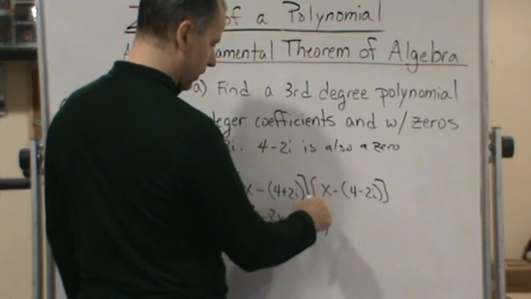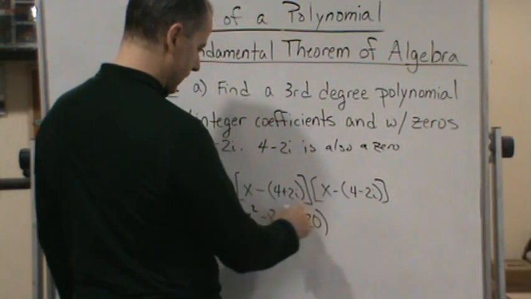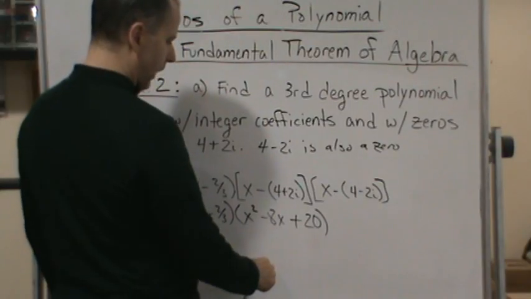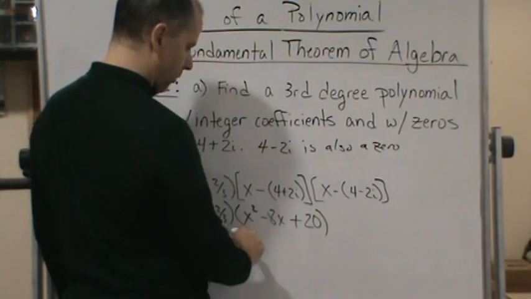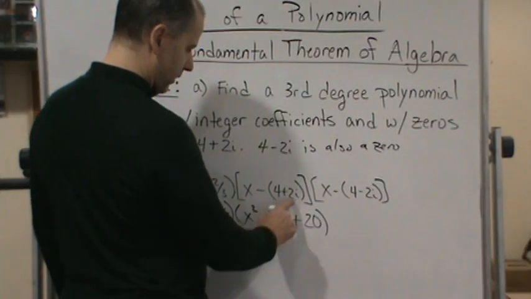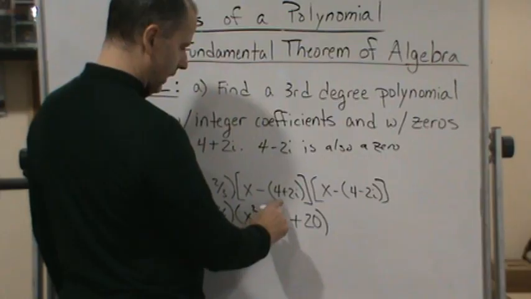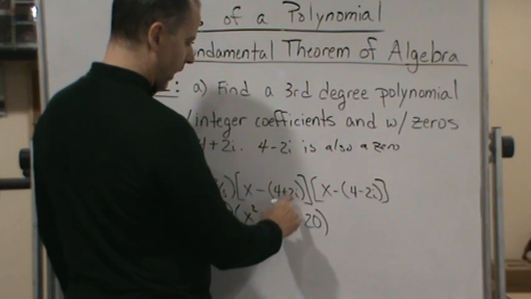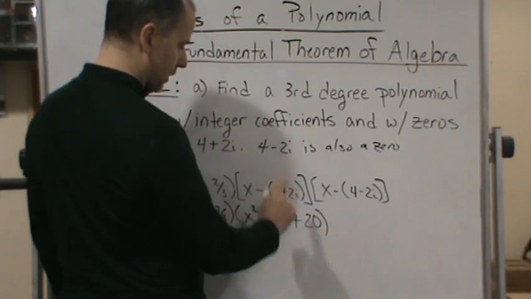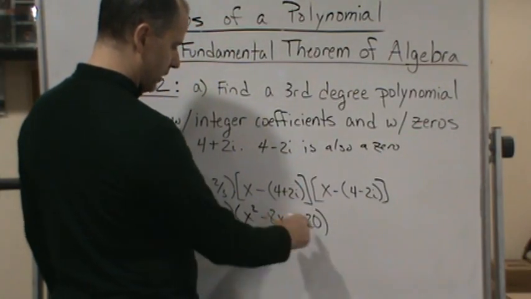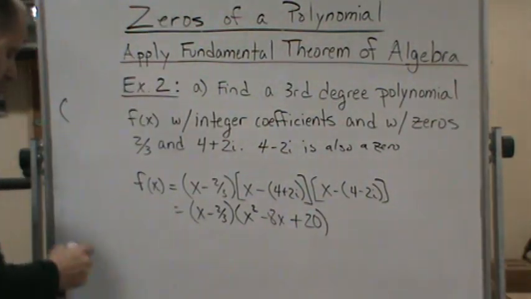So the 2ix's are going to cancel out and you end up with a minus 8x. Then when you multiply these two together, you get 16. The middle terms fall out, and you get 16 minus 4i squared, which is going to give you a plus 4. So 16 plus 4 is 20.